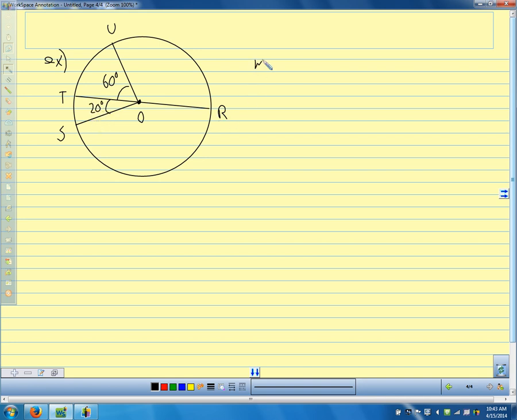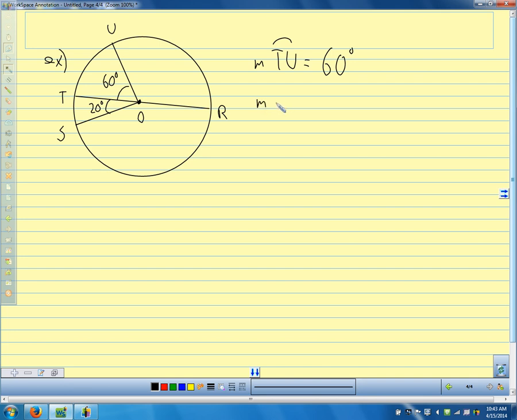And let's find the measure of arc TU. What would be the measure of arc TU? Here's arc TU. So what's that arc's central angle? From here to here? 60. Measure of arc TU is 60 degrees.